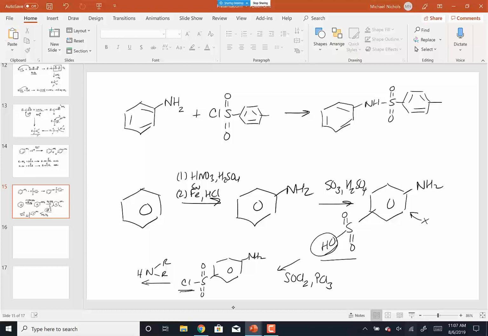Because remember, when I react SO3H and H2SO4, the electrophile that I'm adding is SO3H plus. And so SO3H plus looks like this, with the plus.